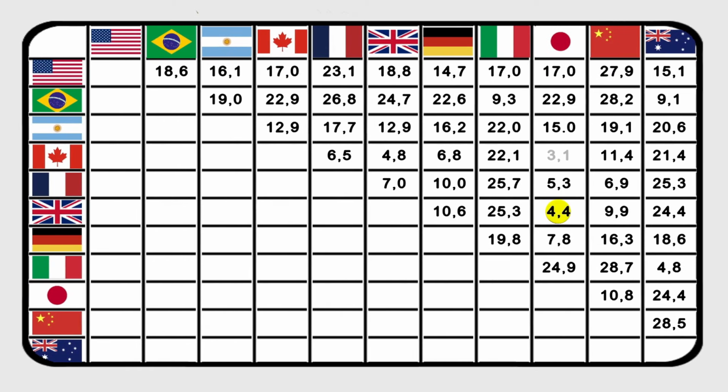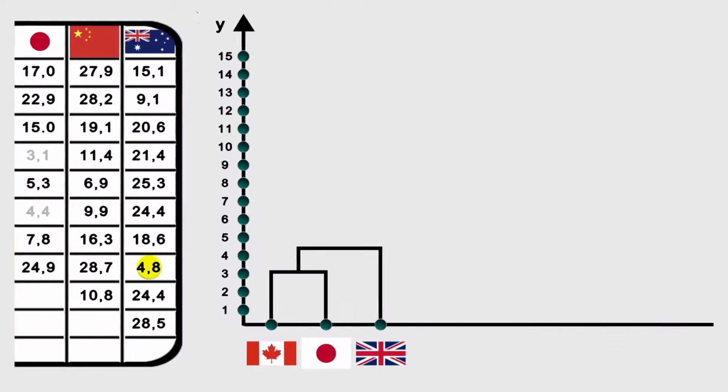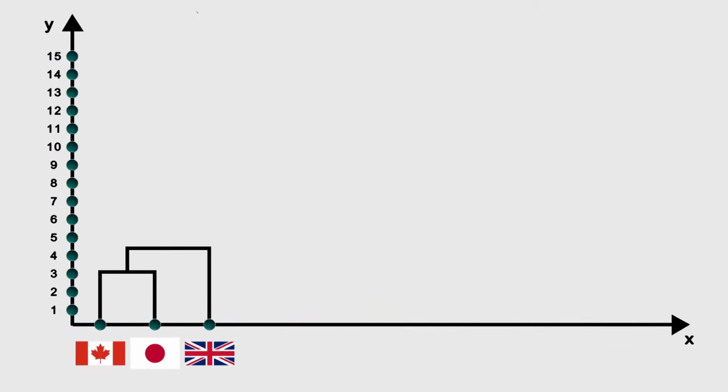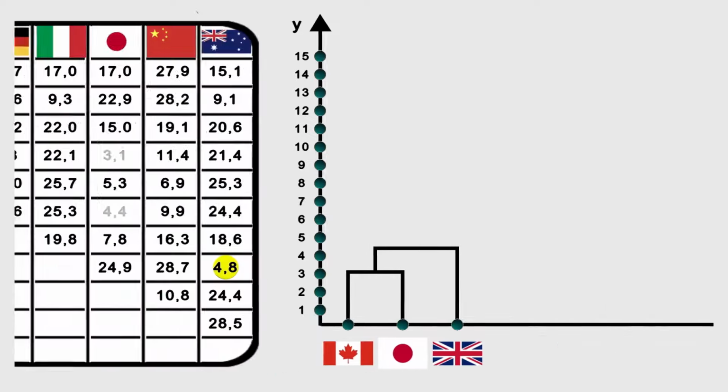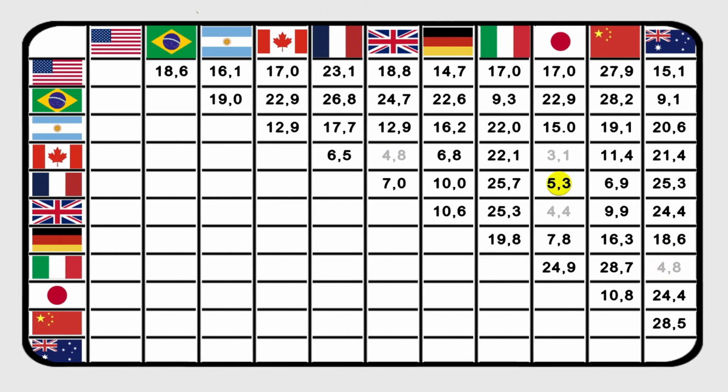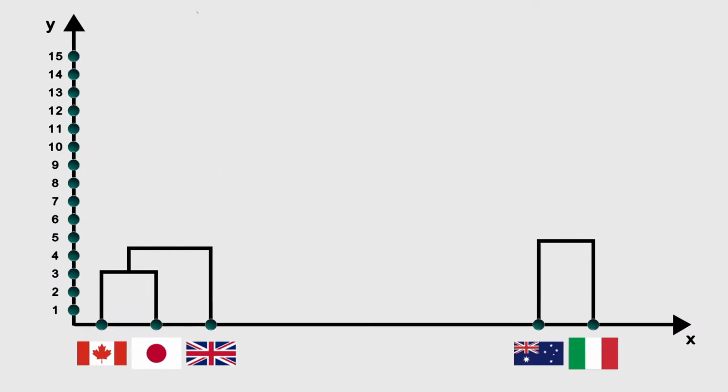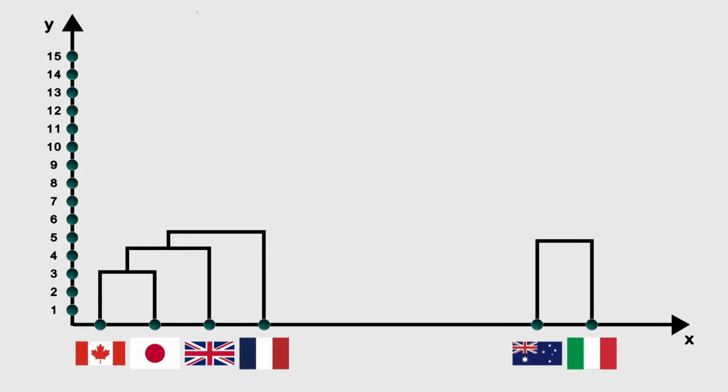The next smallest distance is 4.8 between the UK and Canada, as well as between Italy and Australia. The UK and Canada are already in a cluster at a smaller distance, so we skip this information. Australia and Italy haven't joined any group yet, so we cluster them separately. Next is 5.3, Japan and France. Japan is already in one of the clusters, so we add France to that cluster.